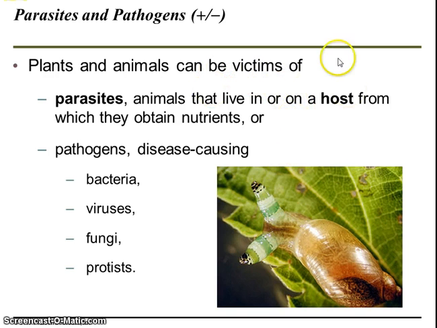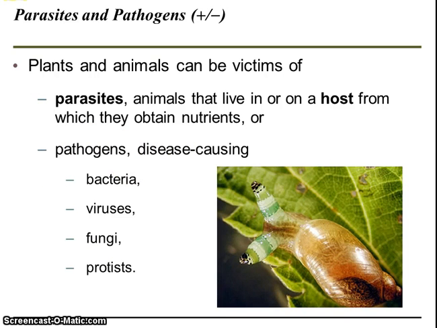And then the bird poops out eggs, and the snail eats that, and it goes through a cycle. So you have the host, where it matures, and the vector, where it releases eggs, and you can go back and forth. Some are more complicated than others. Others are more straightforward. And pathogens, bacteria, viruses, fungus, protists can all cause us to have diseases from them.